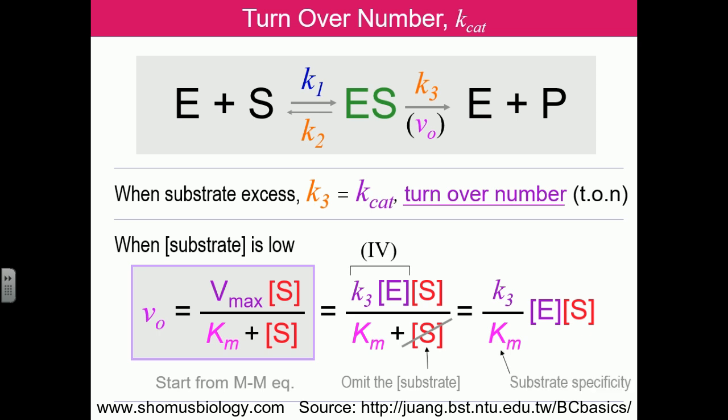Km reflects the substrate specificity and K3 is the rate constant, and in this case the turnover measure becomes K3 by Km, that's the value. Because in this case the velocity will be K3 by Km times E times S. So the reaction between the enzyme and substrate is a second order reaction, and the constant is K3 by Km.